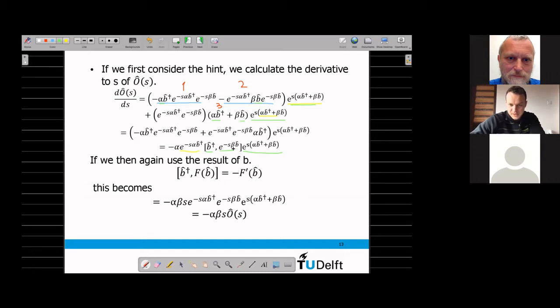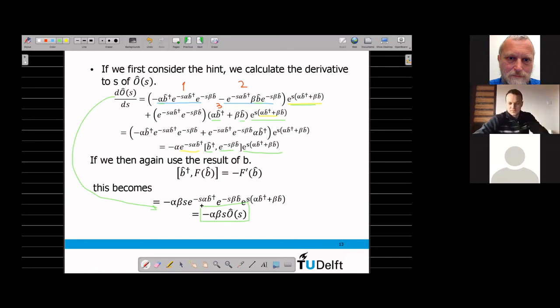This time, the derivative of f is this exponential, so there is just a multiplication by minus s beta. And ultimately, you should find that the derivative of the operator O of s with respect to s is equal to minus alpha beta s, times the operator O of s.